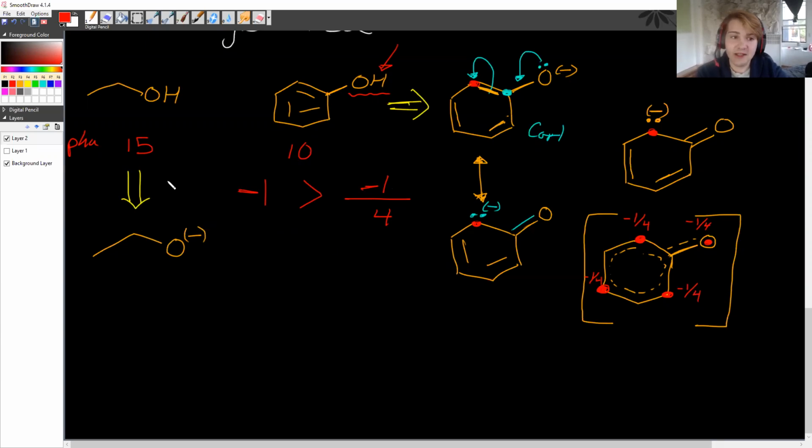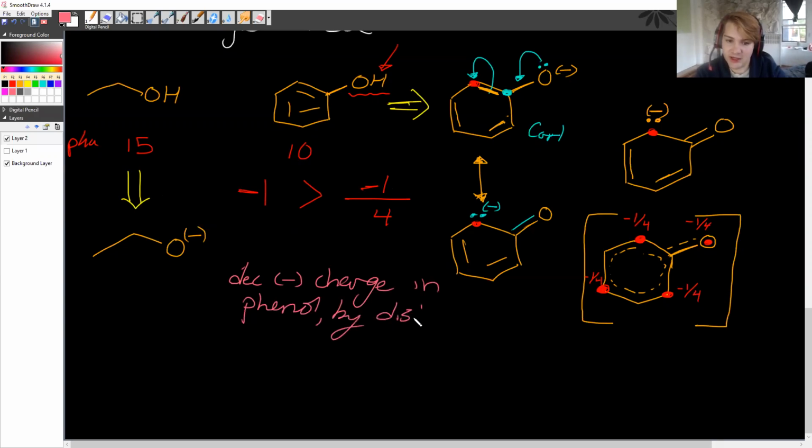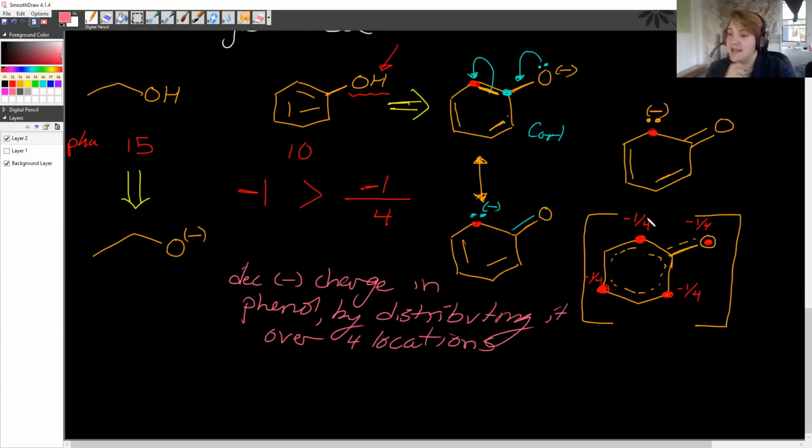So we've decreased the negative charge in phenol by distributing it over 4 locations, thus creating -1/4 charges, okay?